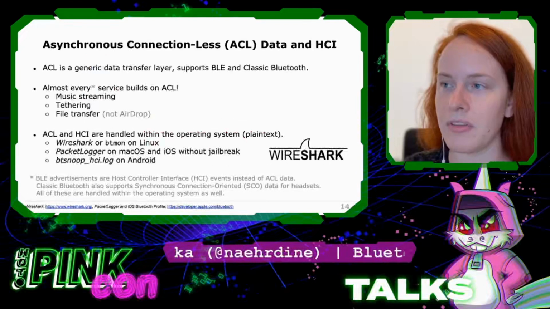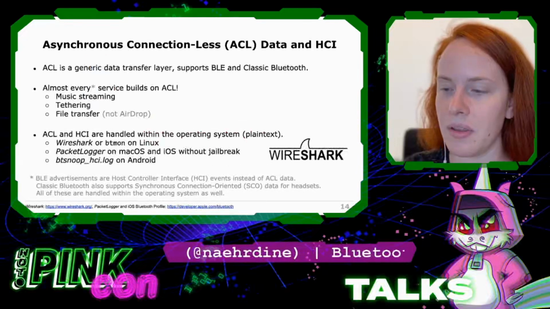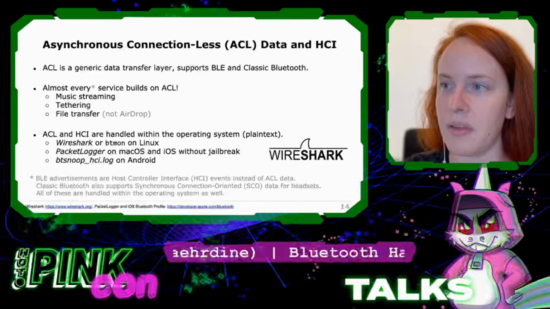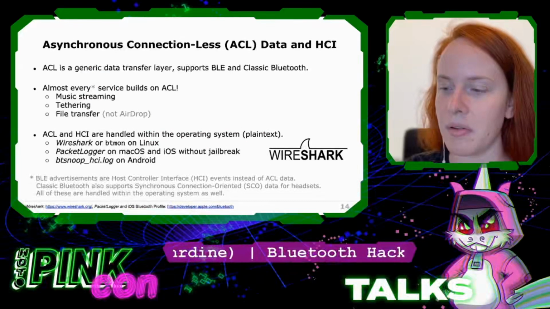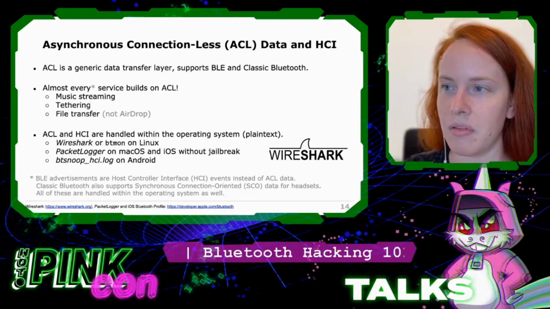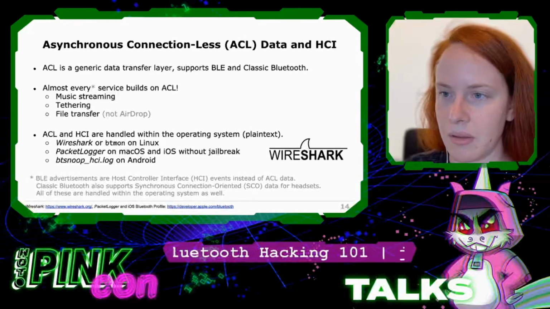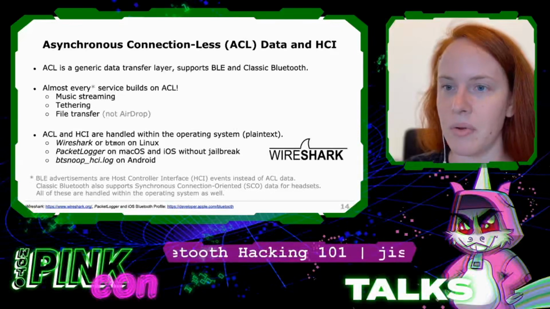And then on top of the link layer, there are various protocols. There's HCI, and in parallel there's ACL, and ACL is for the data transfer. HCI would establish the connection, but then ACL would do the data transfer on top of it. It's a very generic data transfer, and it exists in Bluetooth LE and Bluetooth Classic, even though it's slightly different in the features that it supports.